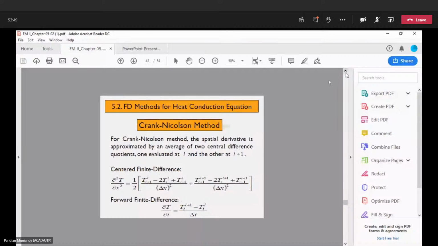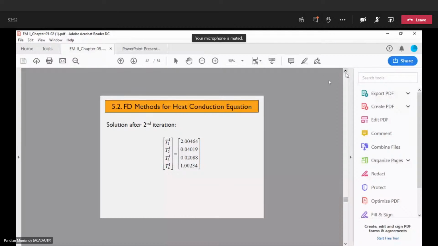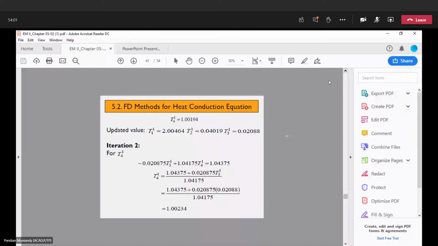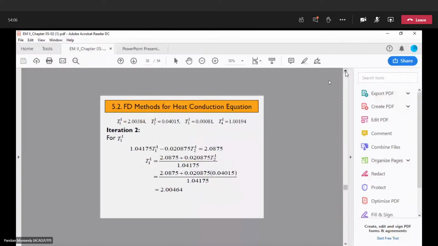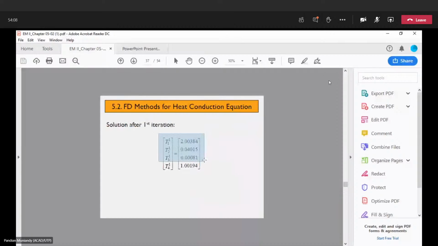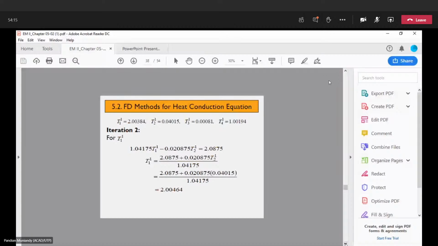See this one, second iteration, but all T superscript 1, that means still at time level 0.1 second. You got this answer by doing this calculation, but must use the first iteration, which you got by Gauss-Seidel. Using this, you calculate the second iteration, but still at 0.1. The reason for this is we want to calculate the error.